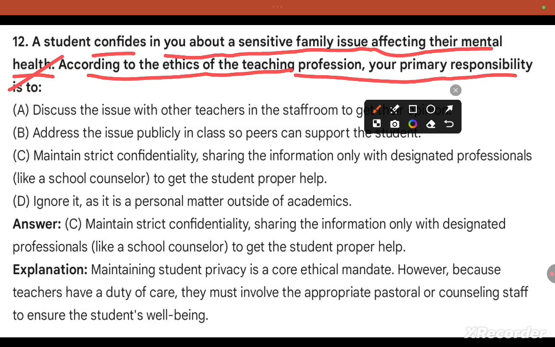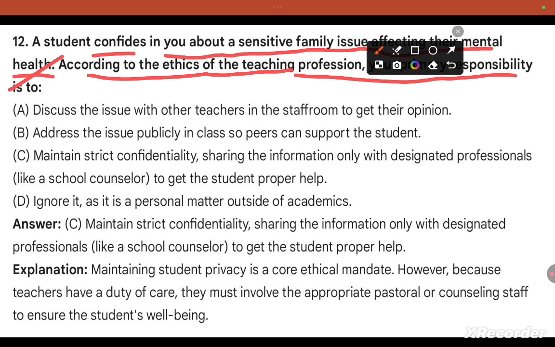A. Discuss the issue with other teachers in the staff room to get opinions. B. Address the issue publicly in class so peers can support the student. C. Maintain strict confidentiality, sharing information only with a designated professional like the school counselor to get the student proper help.